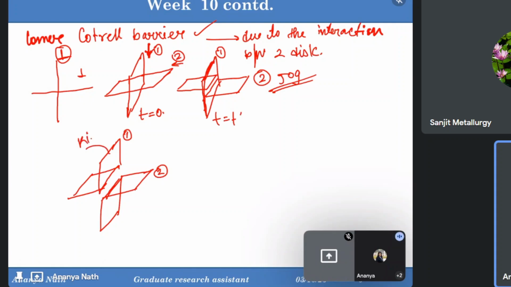This one, kink. So this was one plane and now it has been broken down into two pieces. Now these two pieces are in different planes, which means there is a lattice. Lattice means this is a cube. Imagine a cube in which this is one plane. Below this cube there is another cube.